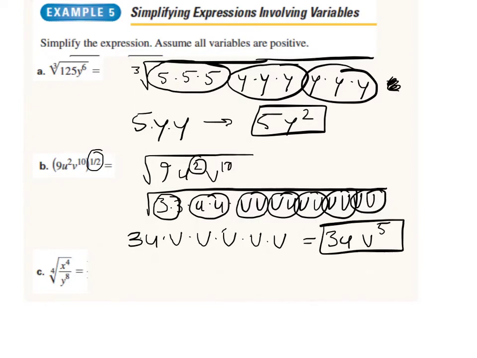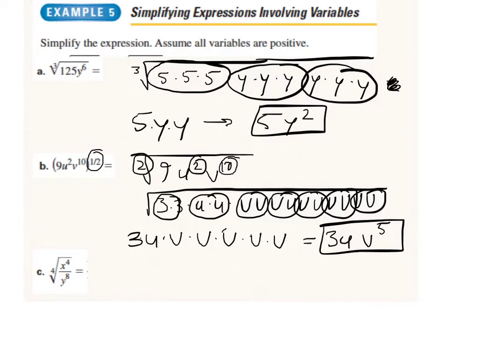Somewhat slightly simpler way maybe to do it than having to write all of that out is to just look at the number of factors. Well, square root of 9 is 3. But for v to the 10th, it might not be that obvious. So what you can do is take whatever exponent this is and divide by what the index is. Okay?